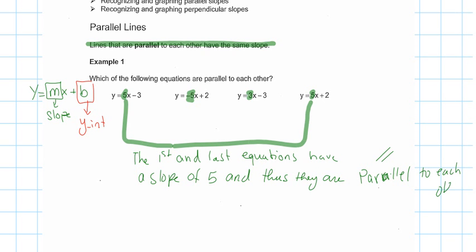As long as you remember that word, because vocabulary is important. The first and last equations have a slope of 5, and thus they are parallel to each other.